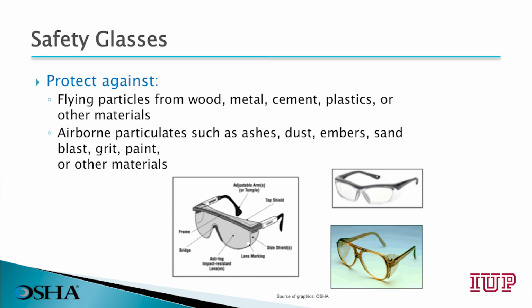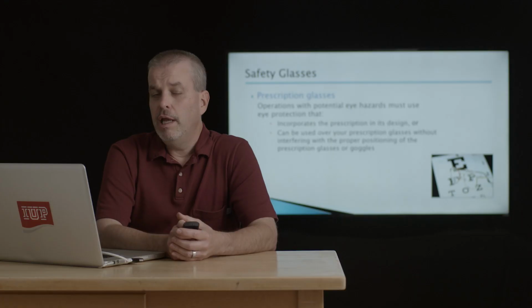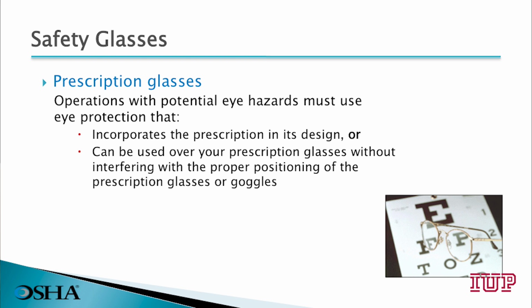Safety glasses need to protect against flying particles from wood, metal, cement, plastics, or other materials. Any airborne particulates such as ash, dust, embers, sandblast, or grit. If you wear prescription glasses, you have two options. Either use personal protective equipment that has a prescription built in, or use safety glasses that go over top.